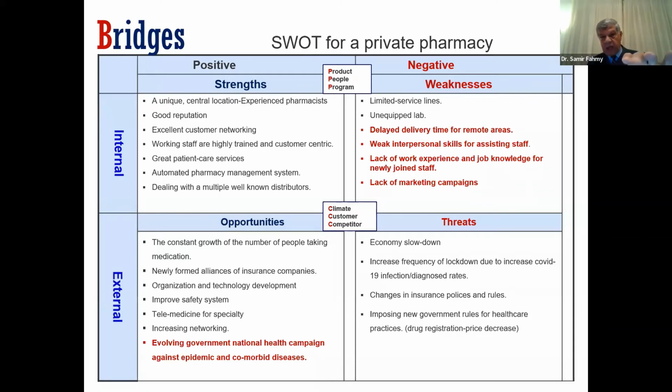These are the four elements that are considered areas for development, and one from the opportunities, which is the evolving government national health campaign against epidemic and comorbid disease.